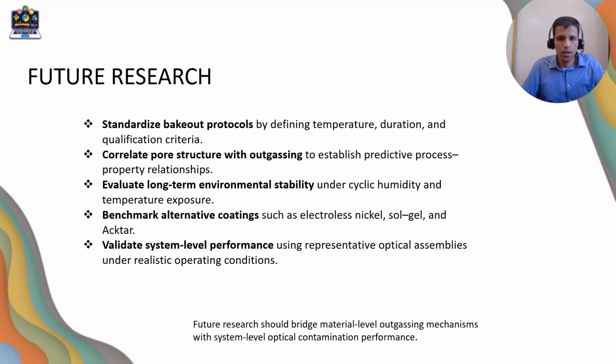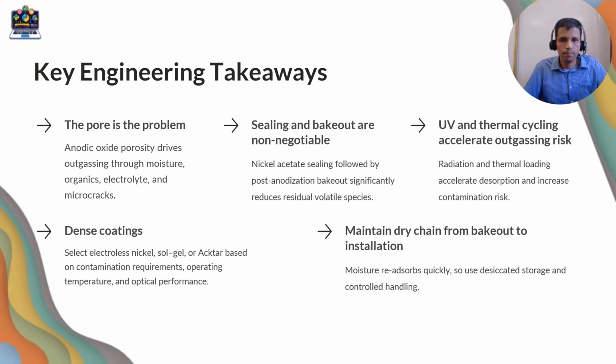Okay, now a quick recap of the engineering takeaways from this presentation. Again, the pore structure is the problem. With the anodization pore, there is more chance of moisture intake or organics getting in.